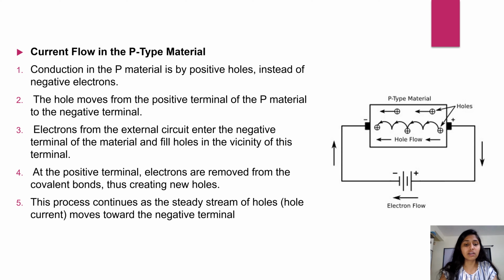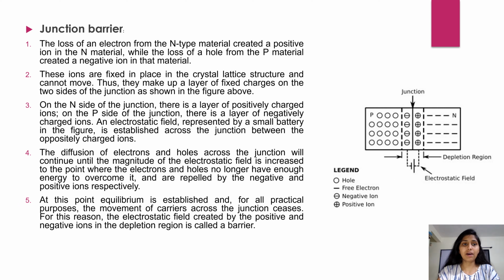It should be noted that in P-type semiconductor, free electrons are simply transferred from the covalent bond of one atom to the neighboring atom. Thus, movement of positive charges takes place in a direction opposite to that of free electron movement, right? So let's move towards junction bias.